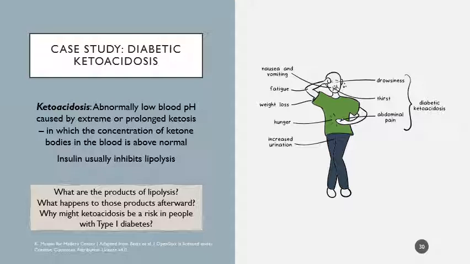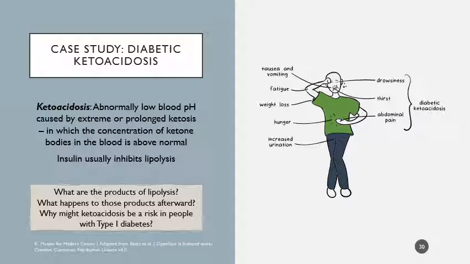And if we think about this formation of ketone bodies and subsequent ketoacidosis from too much formation, we know that it makes an appearance in people with type 1 diabetes. So we want to think about why there's a risk there, what is being thrown out of balance. Remember, insulin usually inhibits lipolysis, but when you have type 1 diabetes, you're not producing enough insulin.